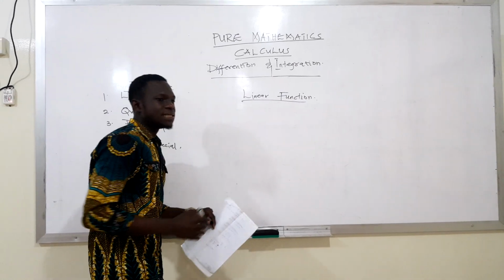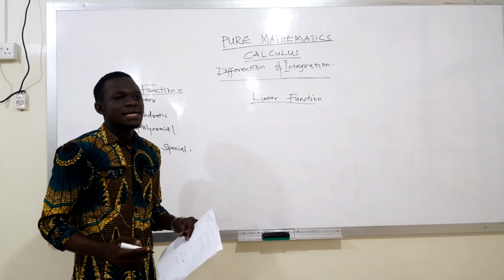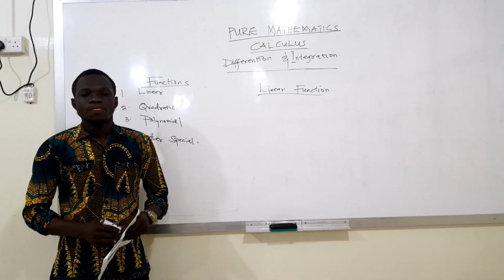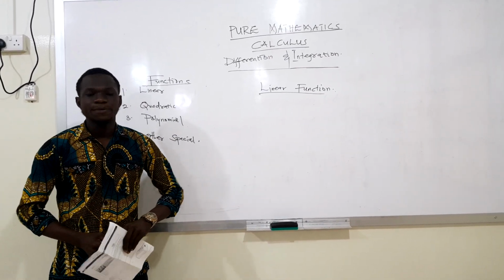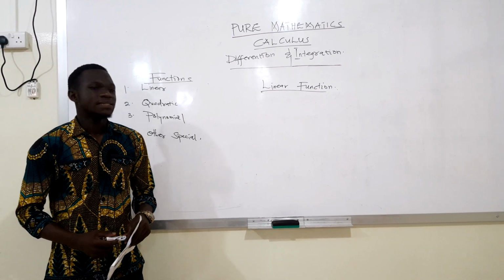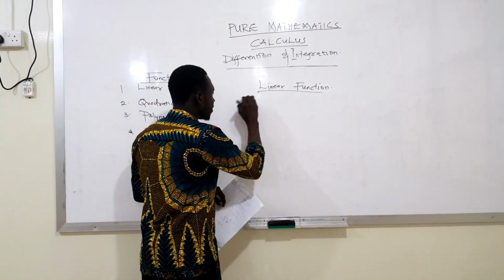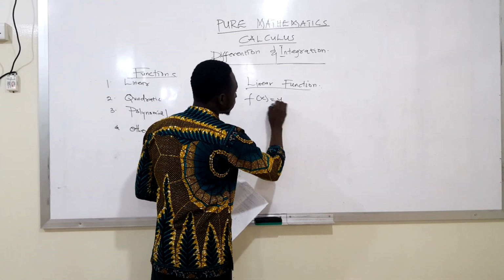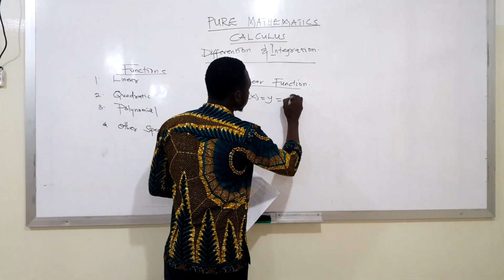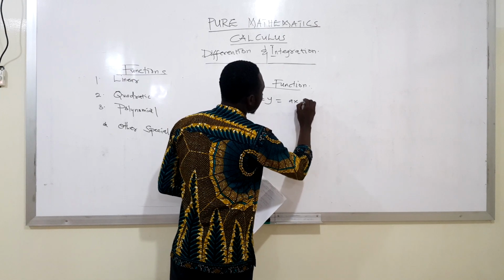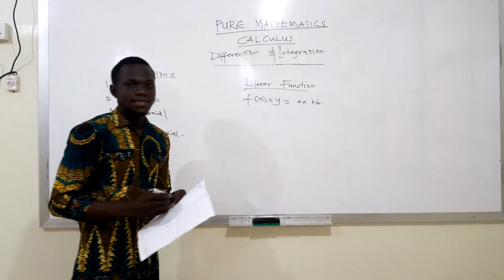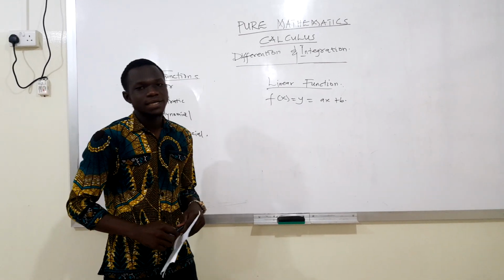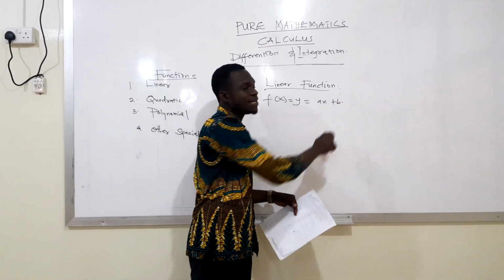So basically, the linear function is having the dependent variable and the independent variable, thereby say f of x or y is equal to ax plus b, and in this case the a is serving as the gradient and the b is the intercept.